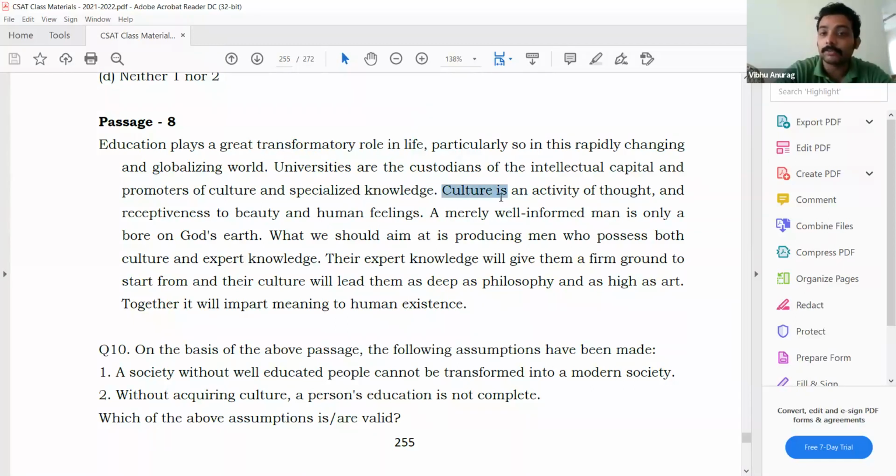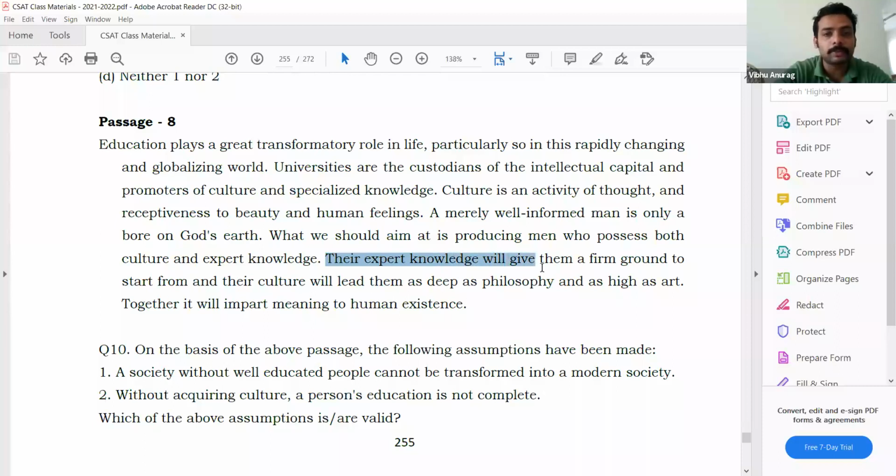Culture is an activity of thought and receptiveness to beauty and human feeling. So this is the definition of culture. A merely well-informed man is only a bore on God's earth. What we should aim at is producing men who possess both culture and expert knowledge. So this is the suggestion he's giving.